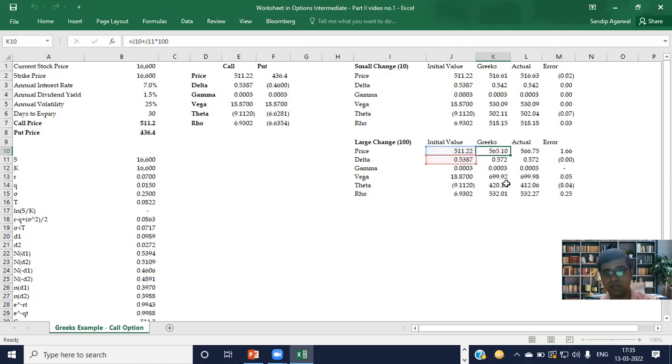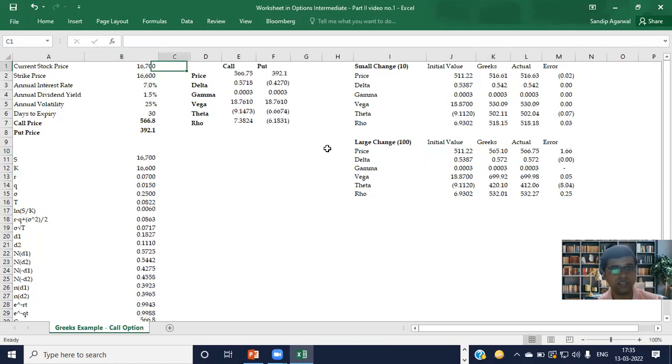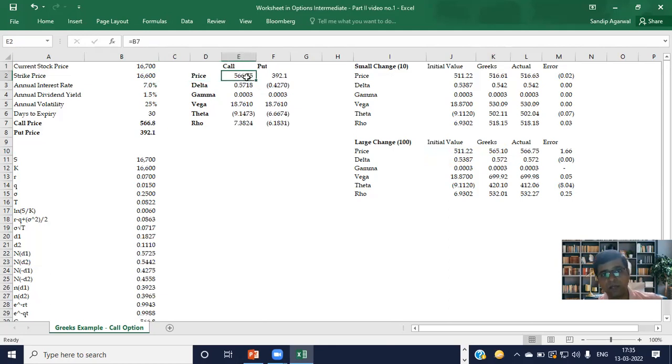So it becomes 565.1. Now we will go and change the current price of the instrument to 16,700. We will increase it by 100 points. So we will see the price of the option becomes 566.75, which I have plotted over here. So you can see that there is an error of 1.7 rupees. The manual calculation shows that the price of this call option should become 565.1, assuming the Nifty has moved by 100 points in the upward direction, whereas with the help of the Black-Scholes model, we are getting a derived value of 566.75.